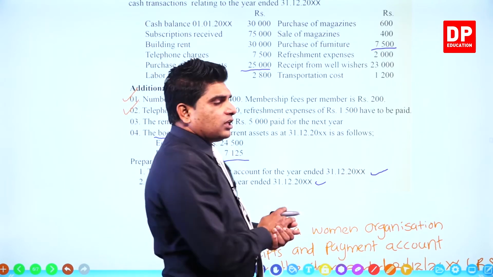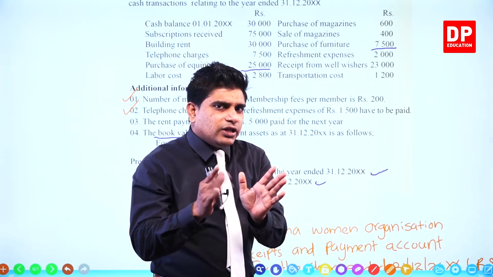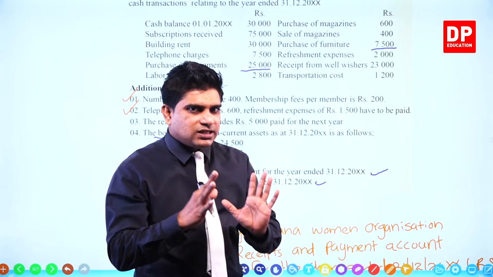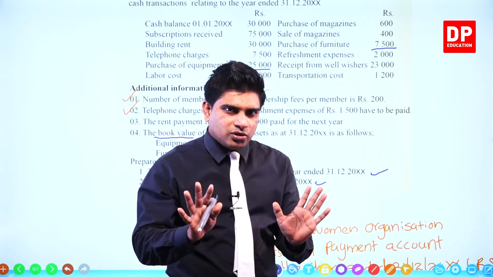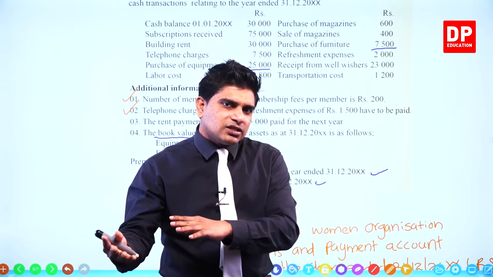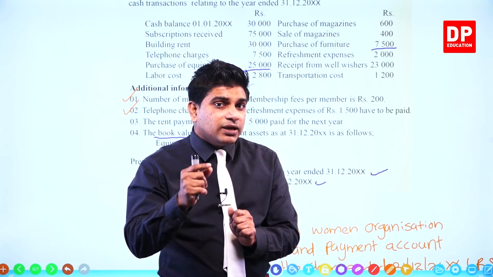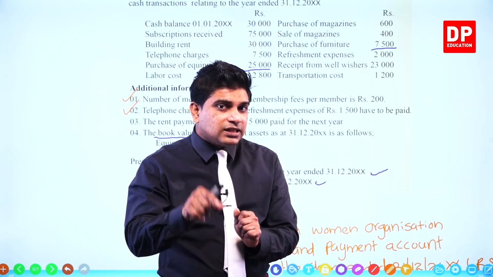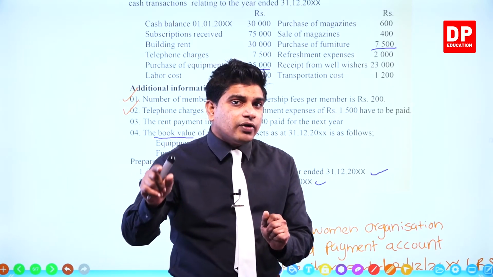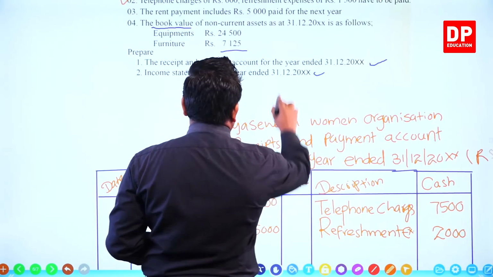But 5,000 out of this is relevant to the next year. We already paid 30,000. We can record this 30,000 in the receipts and payment account, no issue. But the problem is this. 5,000 out of this is for the next year. Then how much is the building rent expense for this year? 30,000 subtract 5,000, how much? 25,000. It goes to the income statement, right?